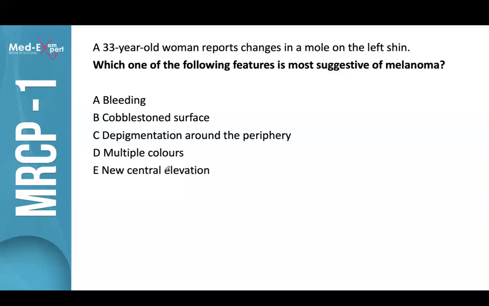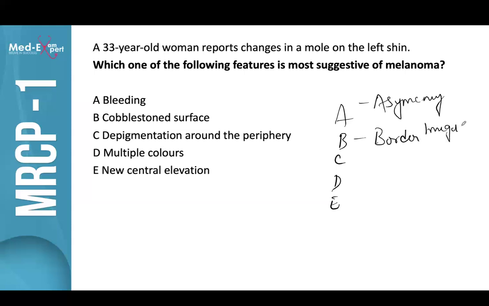Which of the following features is most suggestive of a melanoma? You should know what a melanoma is and how it occurs. You know the A, B, C, D, E of melanoma? First thing is asymmetry. B is border irregularity. C is color change.